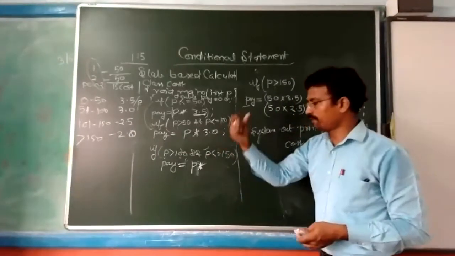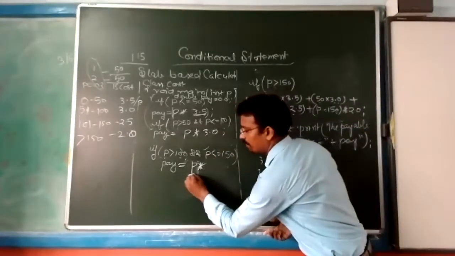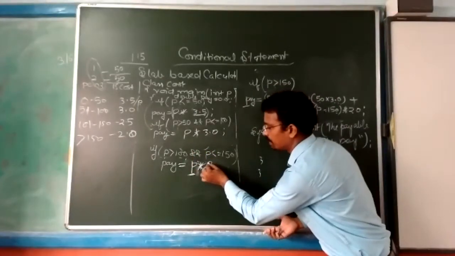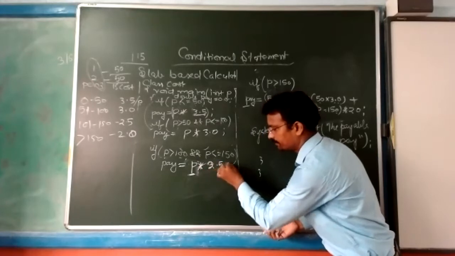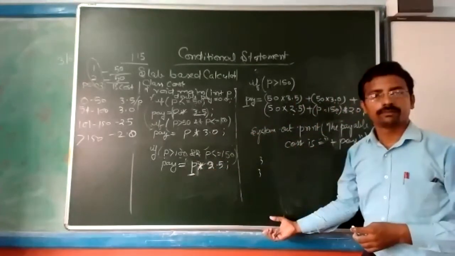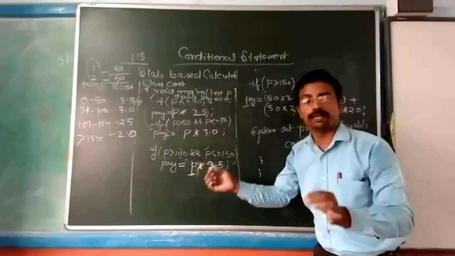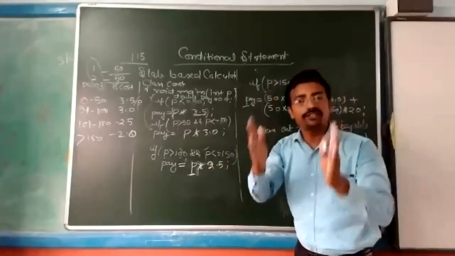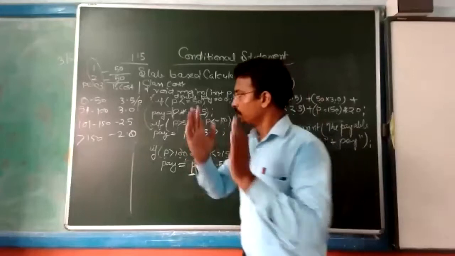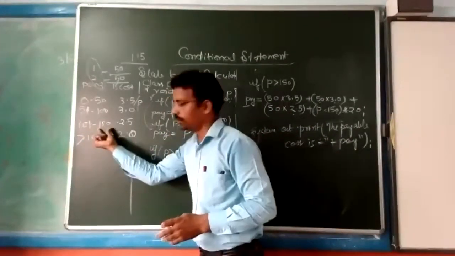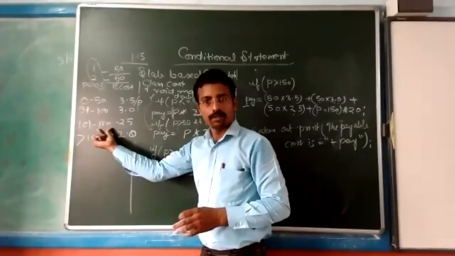In that case, what will happen? The P value will be taken here and directly calculated at 2 rupees 50 paise. This 2 rupees 50 paise calculation will be done because it belongs to a range. You have to understand 125 is belonging to this range. Got it?